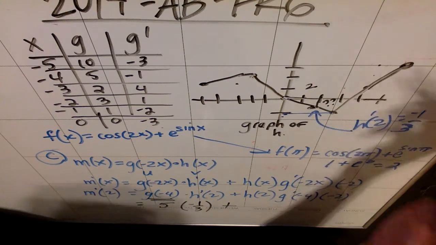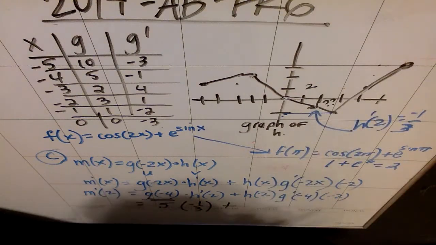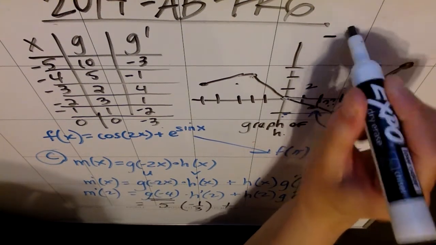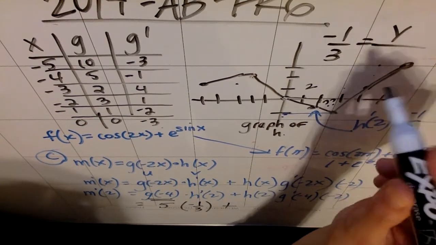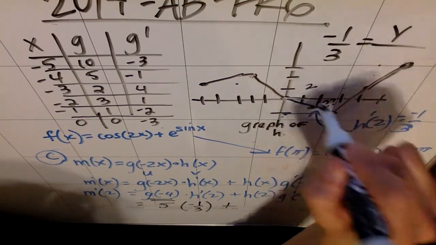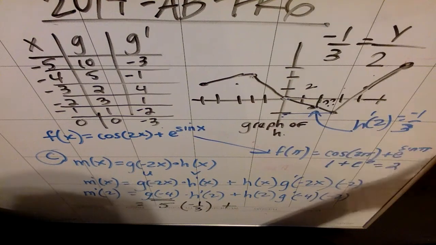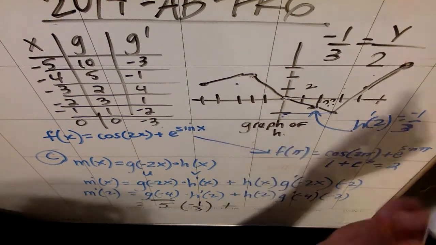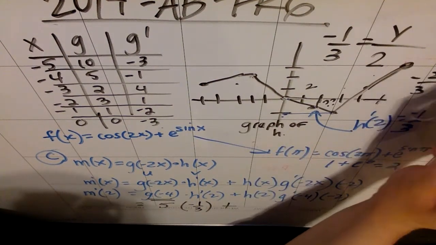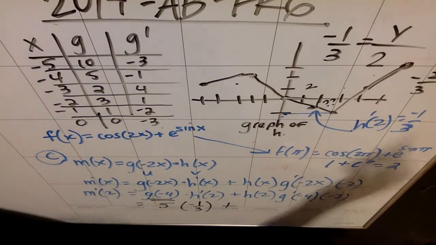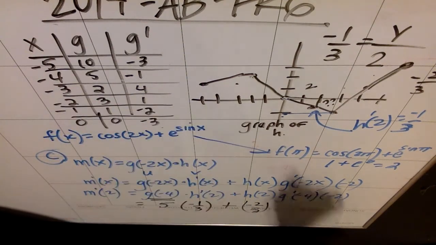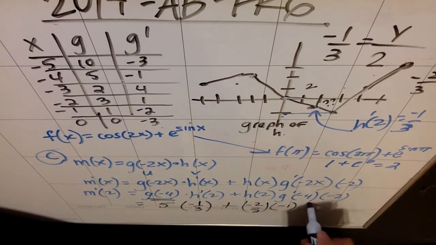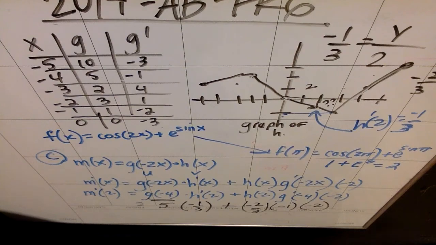So the ratio is negative 1/3 equals some y value we don't know over this run of 2. When I clean this up, I get that negative 2/3 is my y. You can think about that any number of ways. So I get a negative 2/3 for my h of 2. g prime of negative 4 I can also get from the table. That's a negative 1. And a negative 2 that was already sitting there.